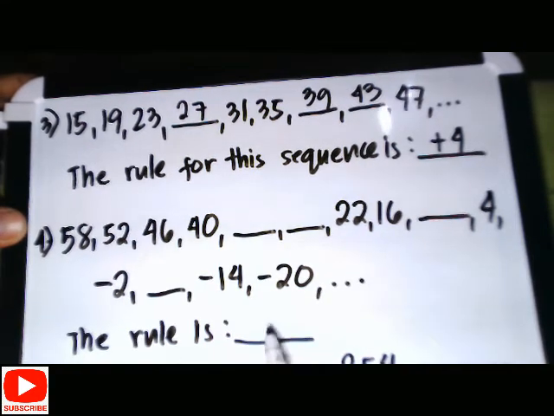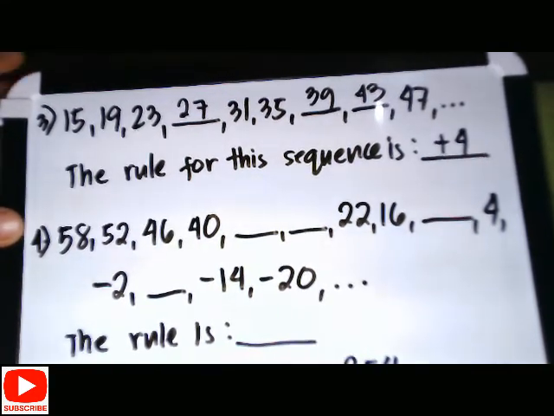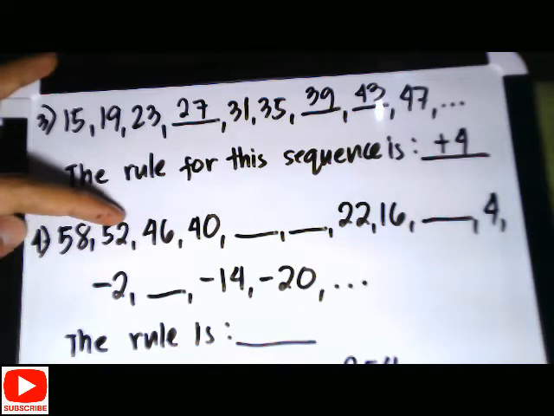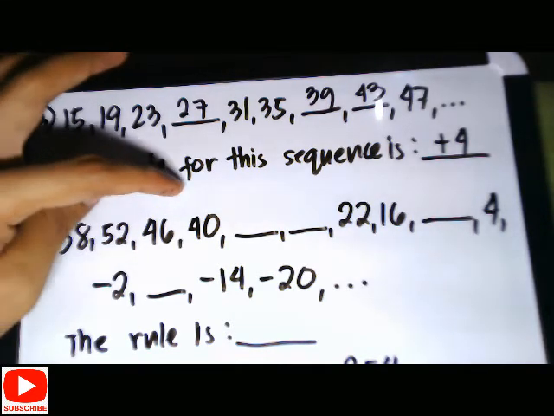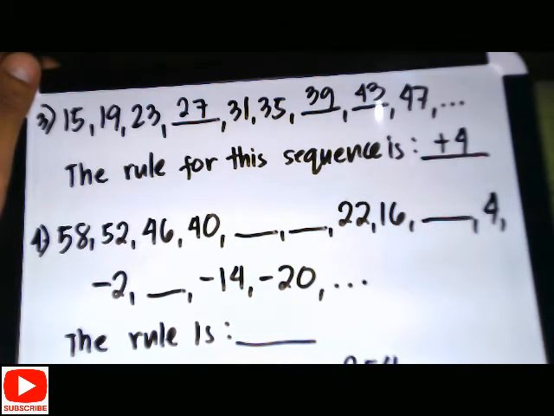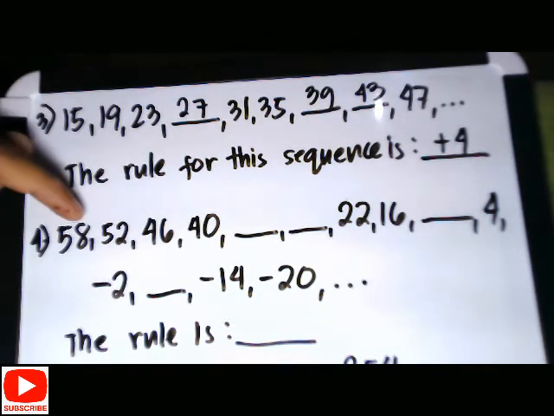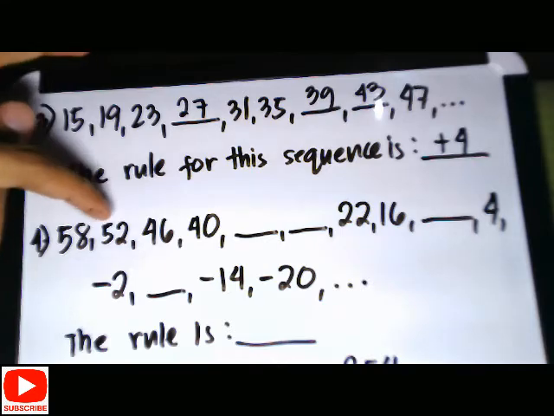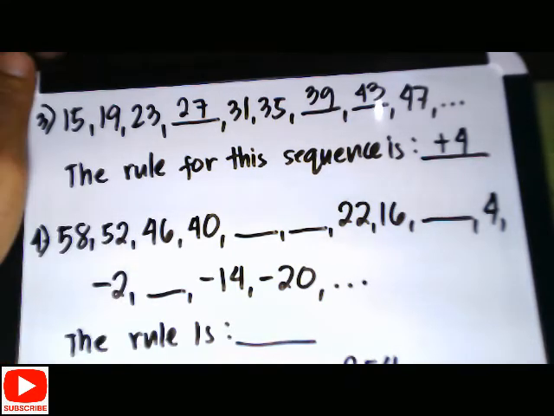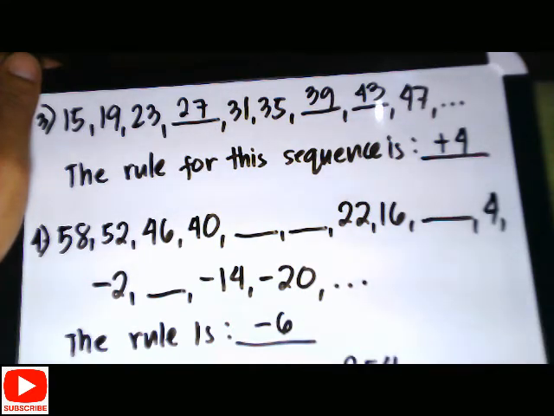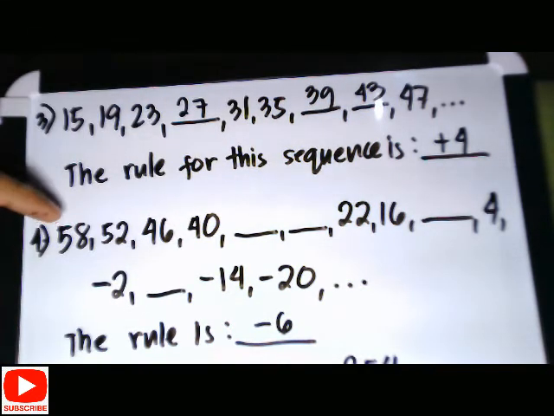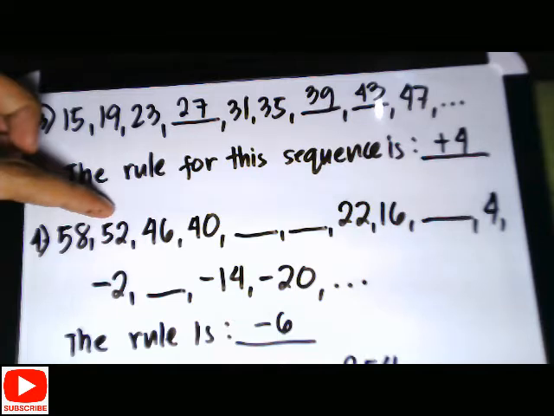What do you think is the rule? So from 58 it became 52, from 52 it became 46, from 46 it became 40. So what happened? The rule is we subtract 6 in every term. So 58 minus 6, that's 52.